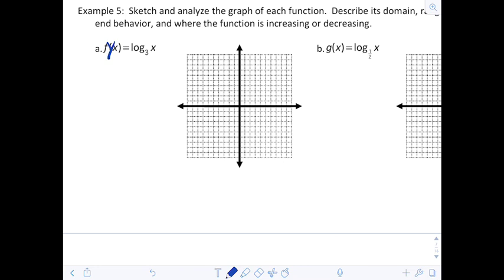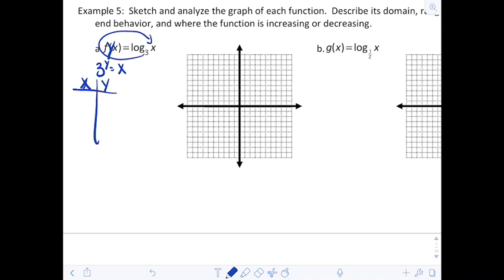So what I'm going to do, and this first way is going to be my way, I'm going to simply write this log as an equivalent exponential, 3 to the y equals x. This is going to allow me to graph this log using the exponential form, I guess, as a carrier.